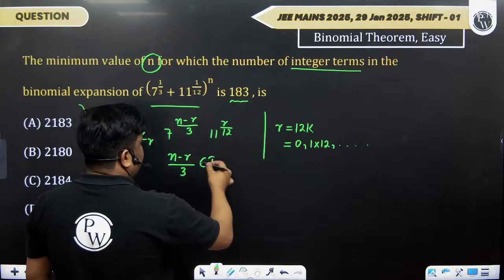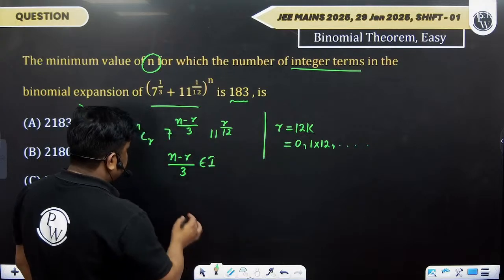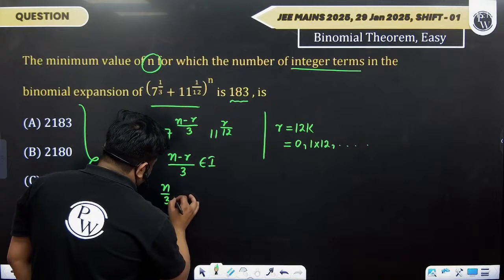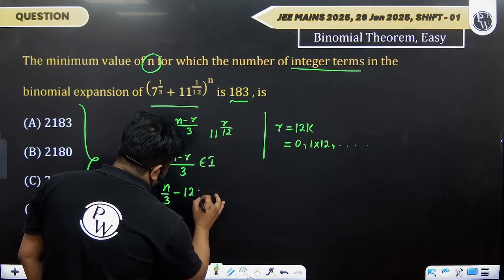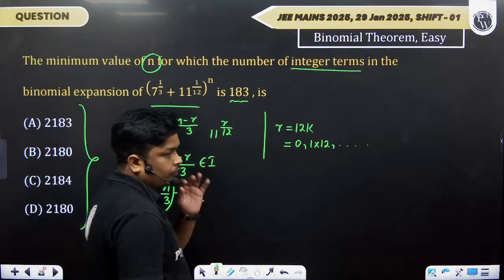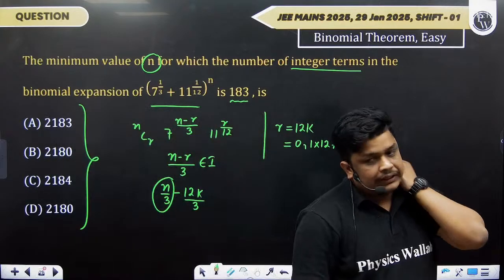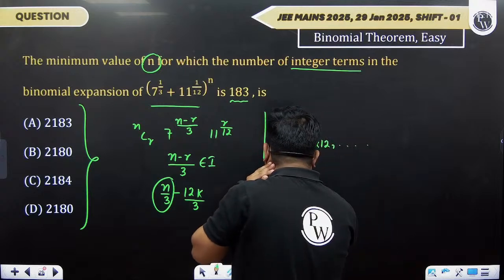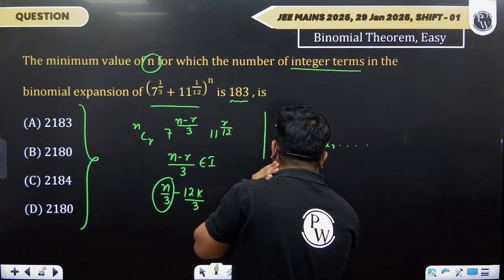Now r is already a multiple of 12. So this will be n by 3 minus 12k by 3. So this has to be an integer, which means n has to be a multiple of 3.